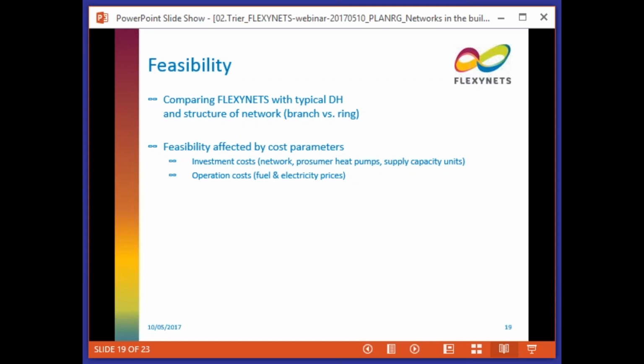Also operation costs, meaning what the electricity costs to supply the heat pumps at the consumers or prosumers, and also the electricity for the network pumps to circulate the flow in the FLEXYNETS network and also the district heating network. And it's also a matter of market pricing approach, which financing options are available, and which type of ownership would be possible, which is also something that we investigate in the FLEXYNETS project.